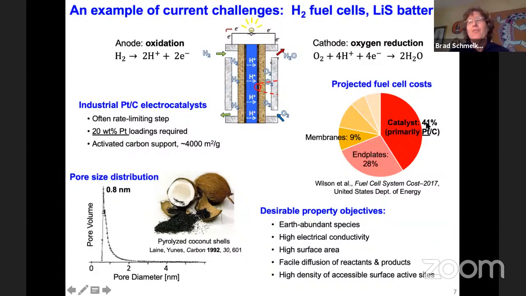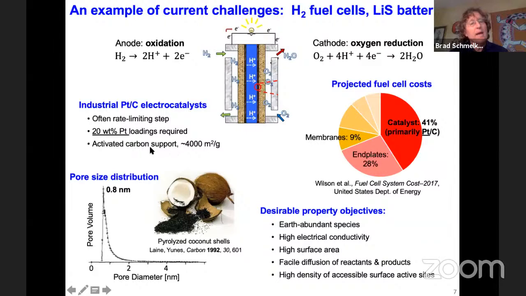Because this accounts for, on the right, the projected fuel cell costs from the Department of Energy in the US government, is that the platinum costs about 41% of the overall cost of the device. And that's because this 28% platinum is just really extreme, and that's why you don't see these things except in very specific and very niche applications. The technology exists, but it's this 28% platinum that is the problem.